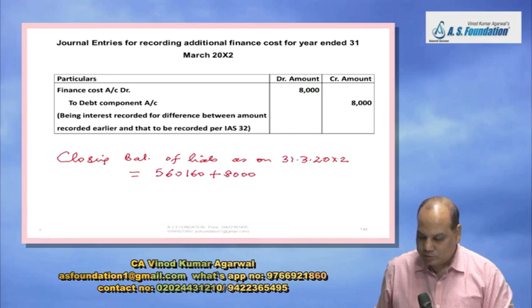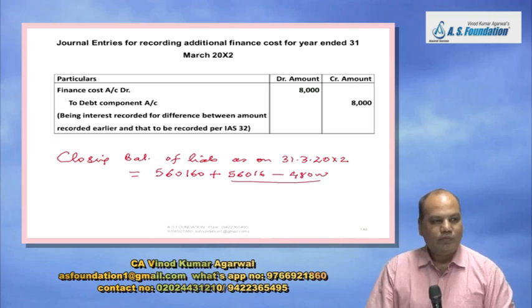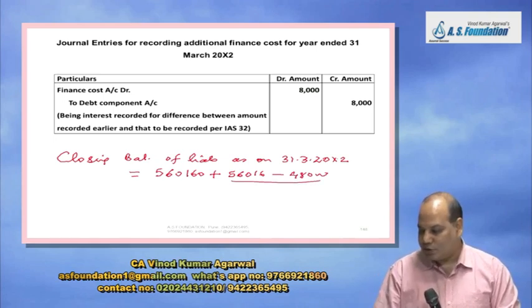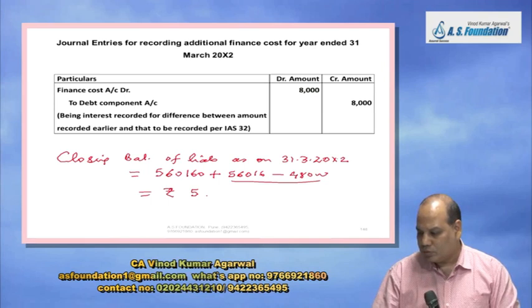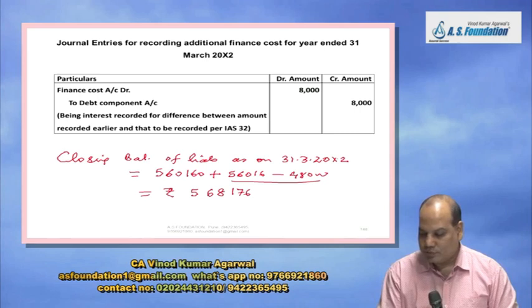We can do it like that also, the effect is the same. Or plus you write interest 56,016 and minus 48,000, or you can directly write the difference also. That is what we did anyway. So this comes to 5 lakh 68,176. It will increase. Right. So write this down also.